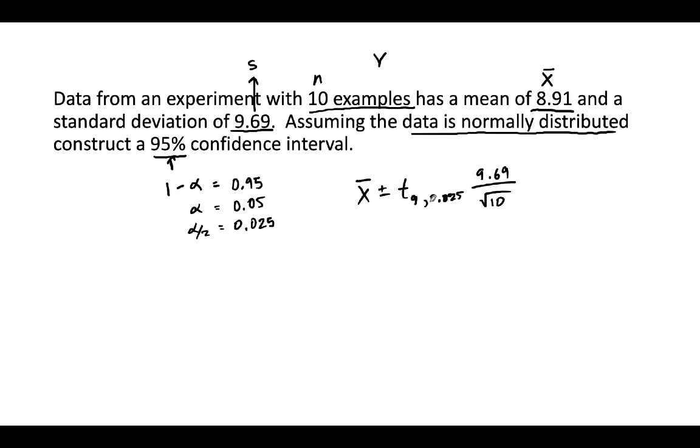This is just some calculator work, but what is this t thing and why? We have variables in there, but what do we do with that? There are lots of different technologies that can calculate it for you, but the good old-fashioned way is just to go to a table.